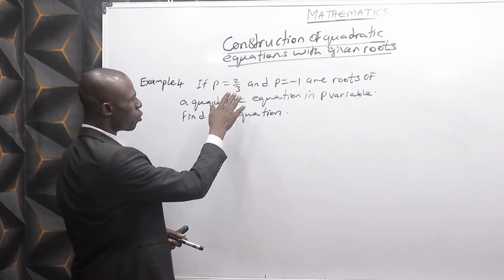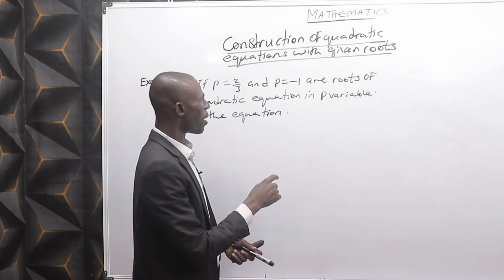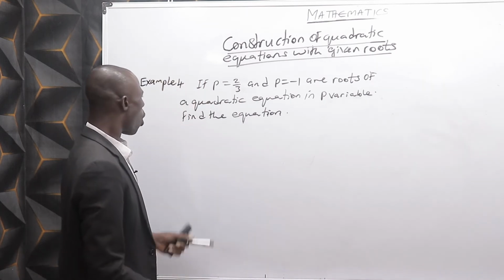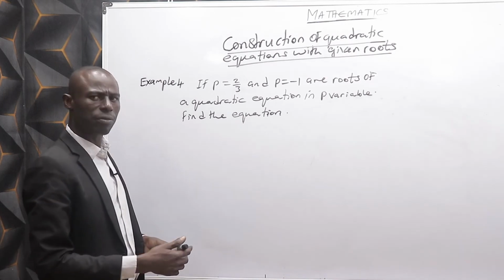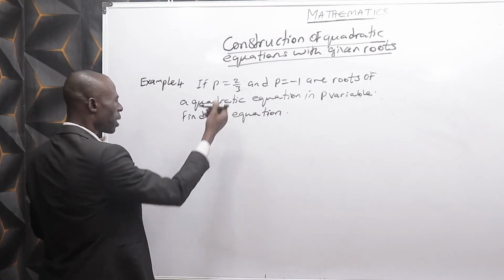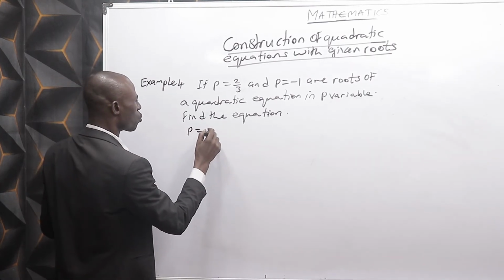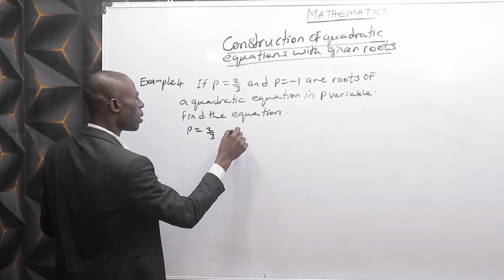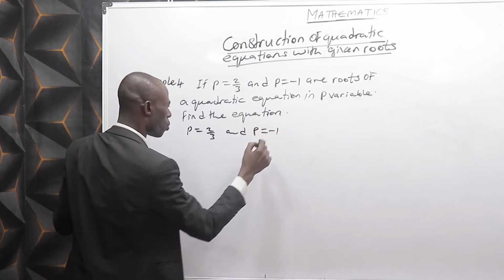So if p equals 2 over 3 and p equals minus 1 are roots of a quadratic equation in p variable, find the equation. What do we do? Bring p equals 2 over 3 and p equals minus 1.